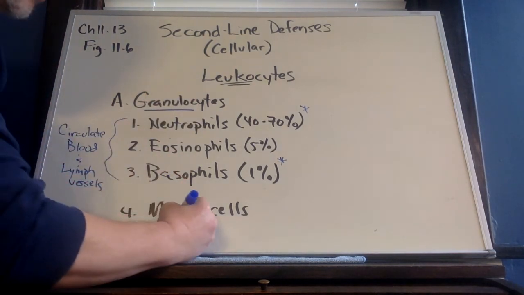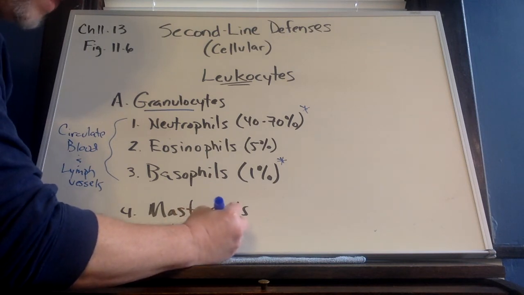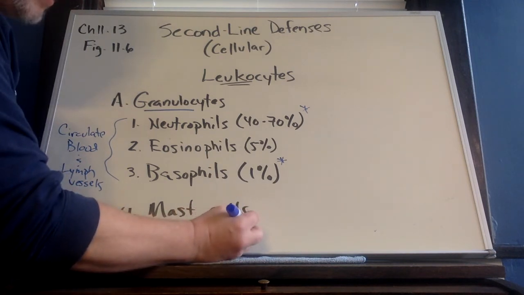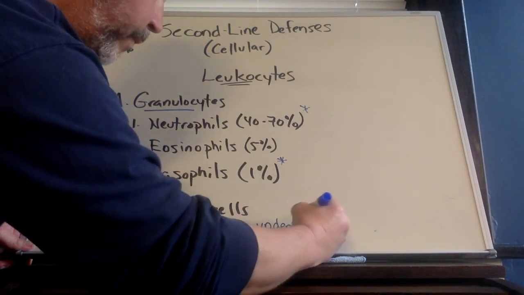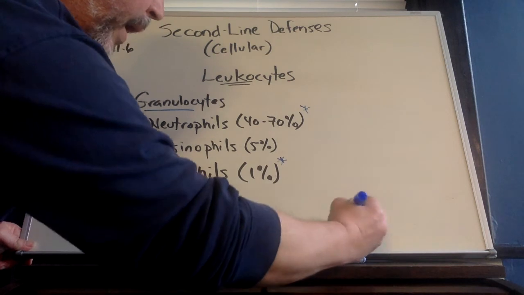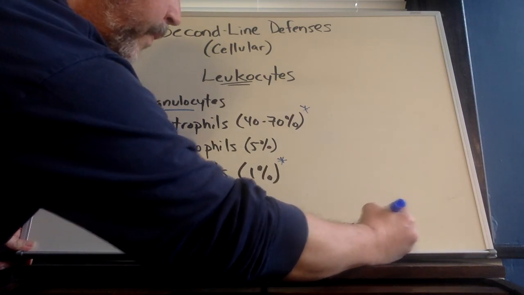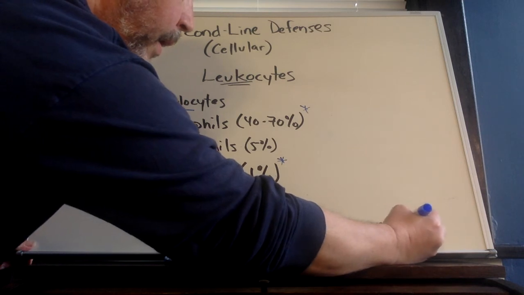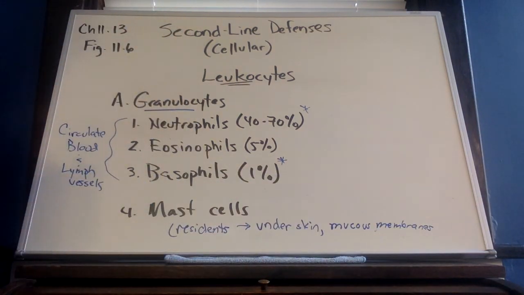However, mast cells, these are going to be residents. These do not travel around the body. These will reside under the skin and in those mucous membranes. So you know you have mucous membranes in your nasal cavity, in your trachea, your bronchioles, in a large portion of your digestive system.